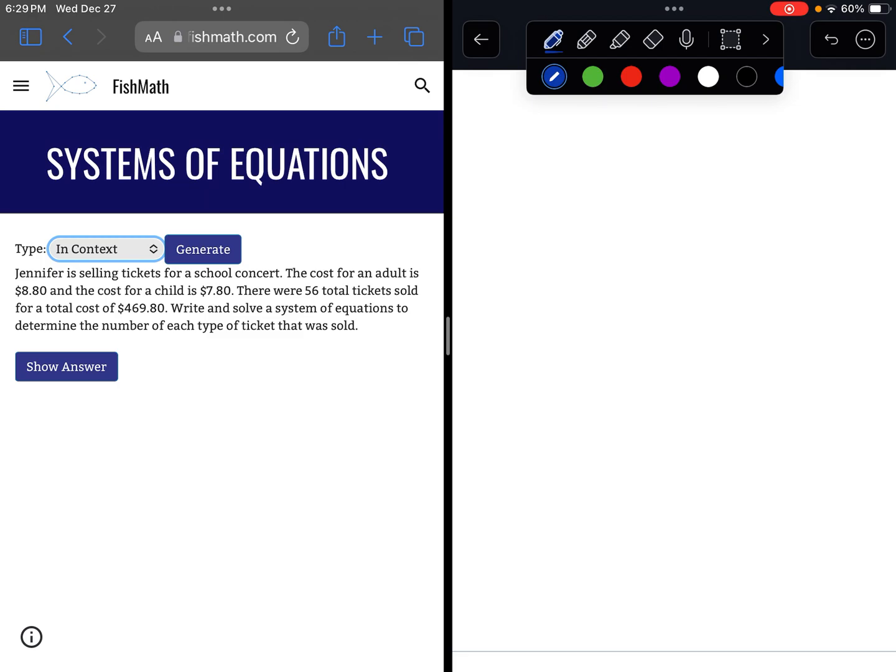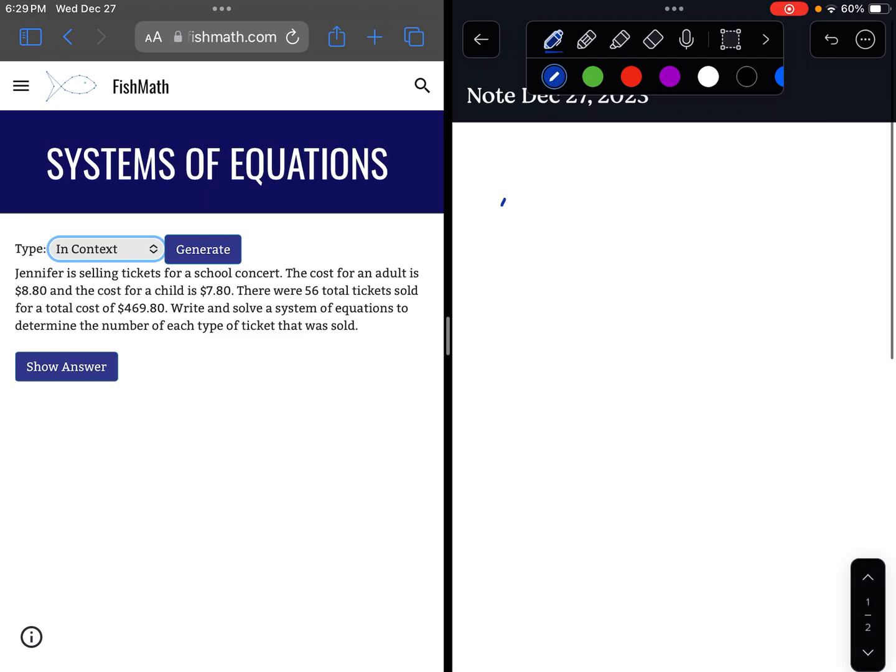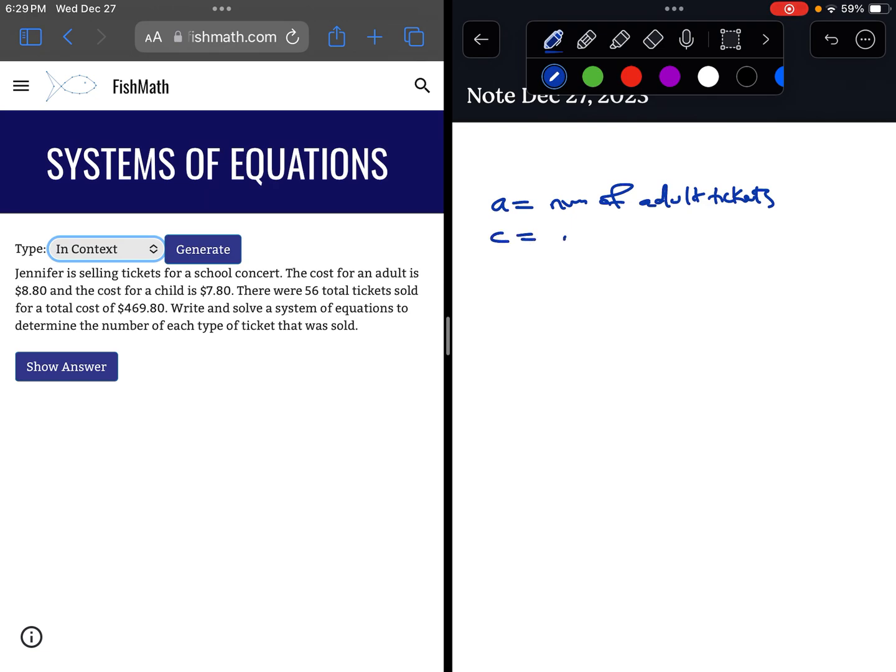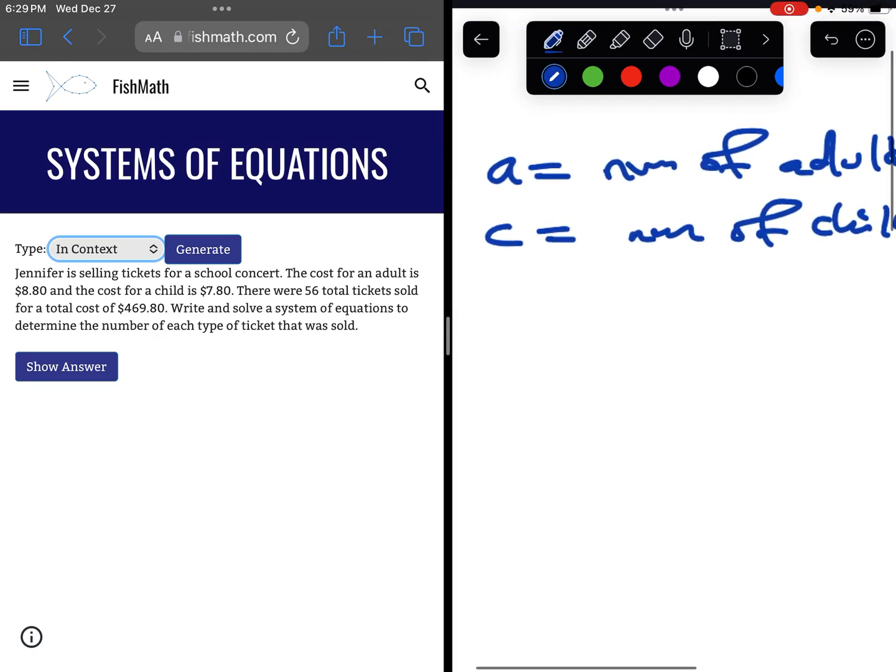So I'm going to use some variables here. Let's use A for number of adult tickets, and then let's use C for number of child tickets. Then our two equations, we're going to write a system here.